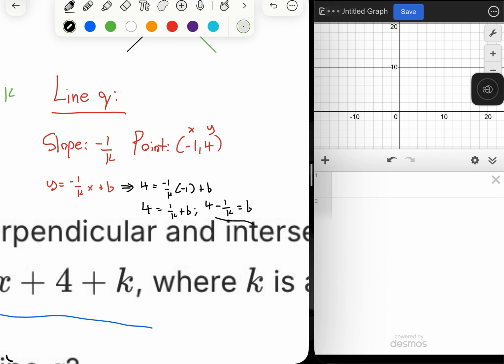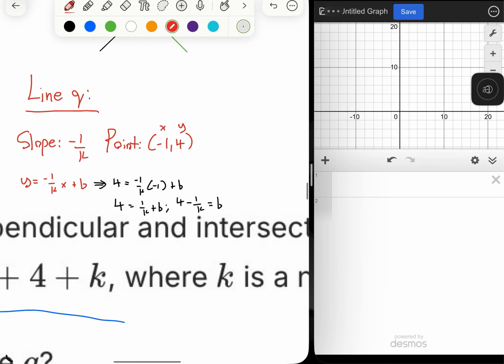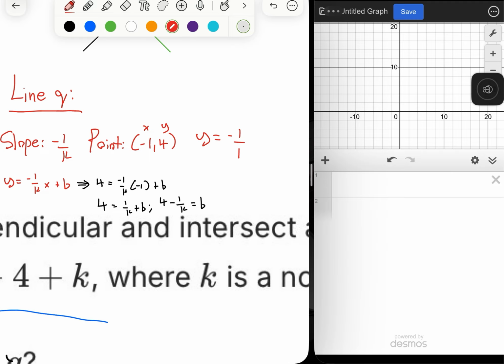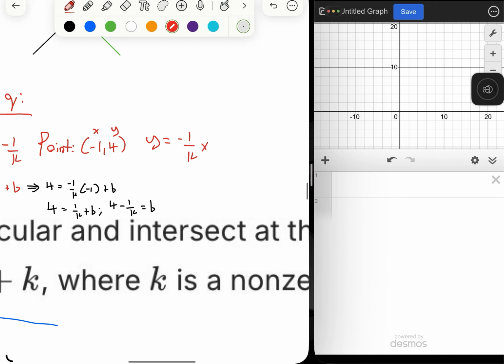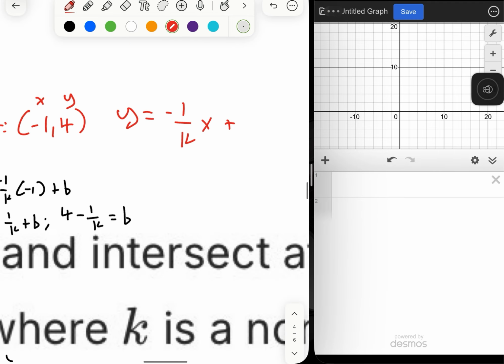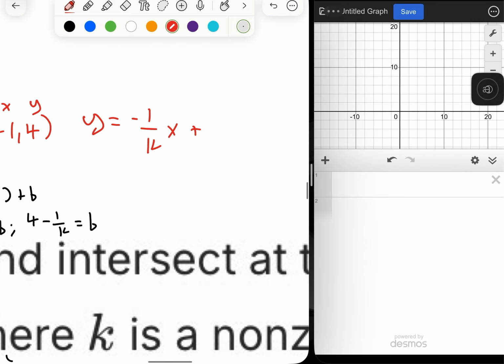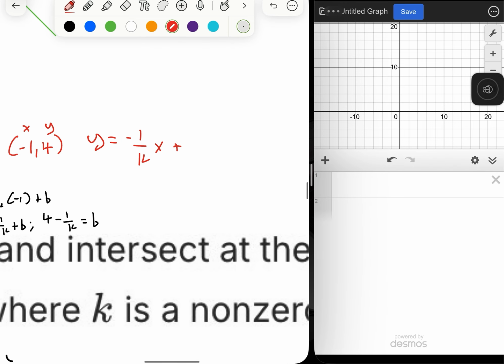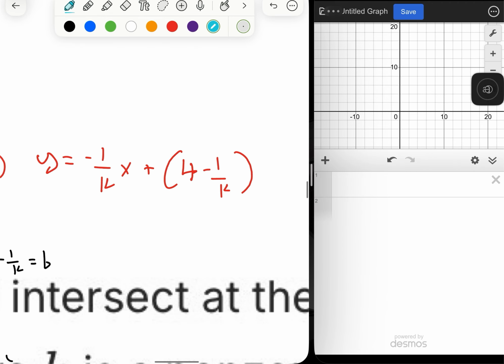Now that we know the intercept, let's rewrite the final equation of the line, which is y equals -1 over k times x plus b, and the value of b we found earlier is that. I'm going to write that in parentheses just so it's easier to see that that's the b part. That equation there, guess what?